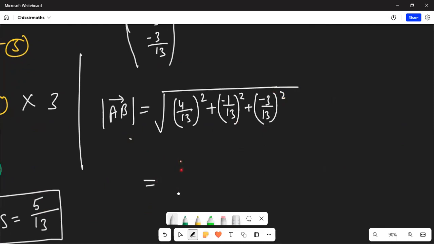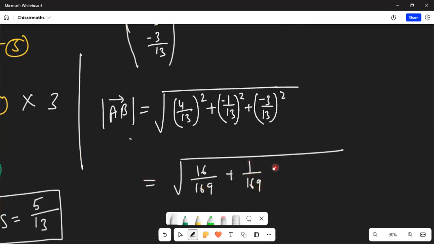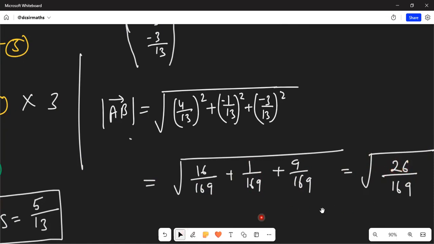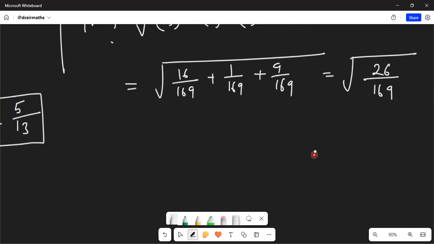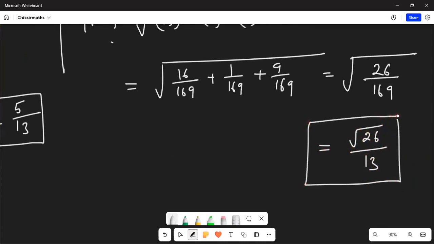So this is going to be the square root of 16 by 169 plus 1 by 169 plus 9 over 169. As you see, the denominator is 169. Please write it all together. 16 plus 10 is 26. So this comes out to be the square root of 26 divided by 13. That is square root of 26 by 13. So this is the shortest distance between the given lines.